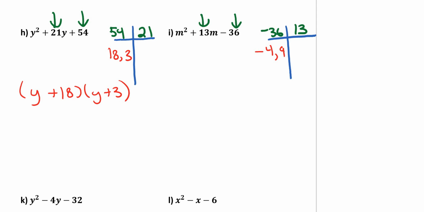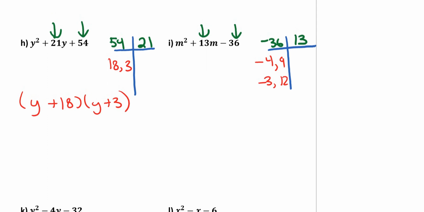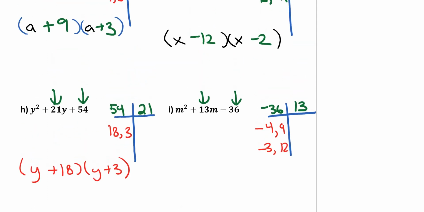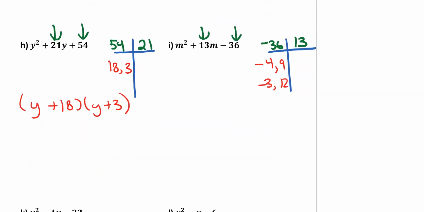That would give me the negative 36, but it doesn't give me the 13. 3 and 12, even that combination can't give you 13. So this is actually the first one where you can't factor. It's impossible to find two numbers that multiply to negative 36 and add to 13. So for that one, we just can't factor here. Let me just switch pens here and just write down can't factor.